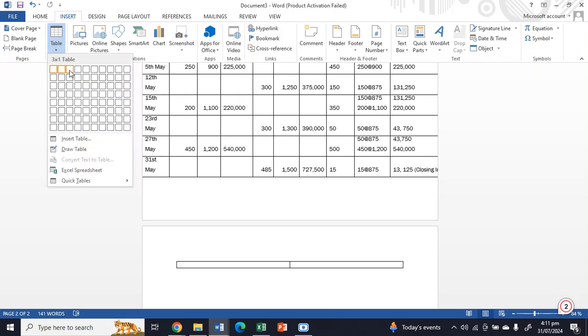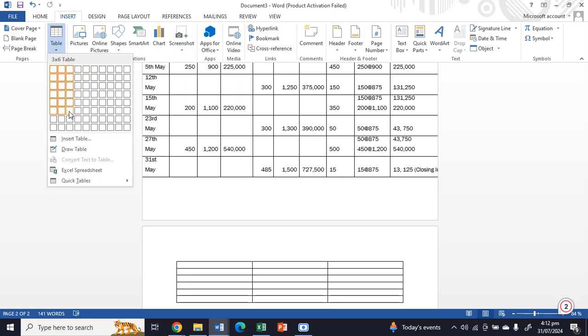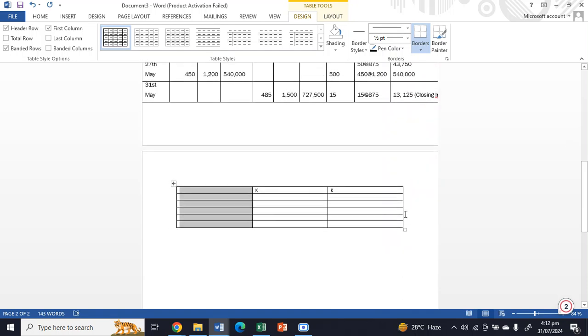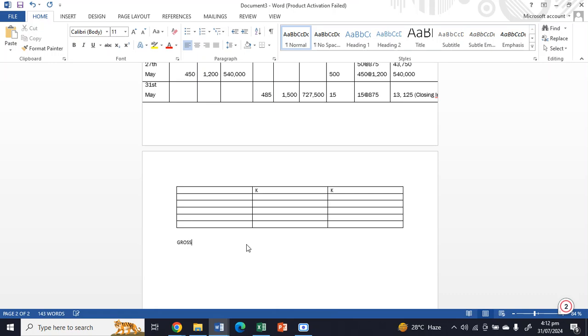This is the same trading account from financial accounts. Remember, gross profit is sales minus cost of goods sold. Sales revenue minus cost of goods sold.